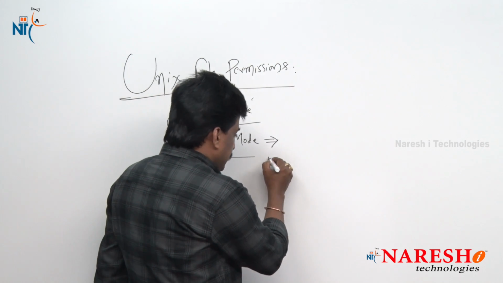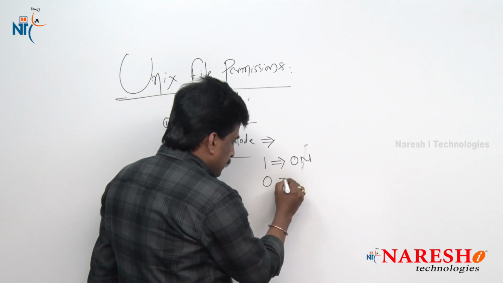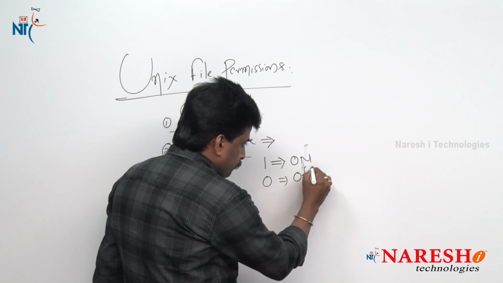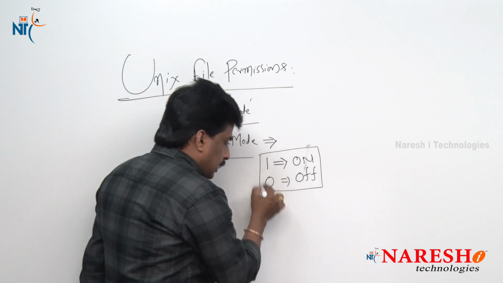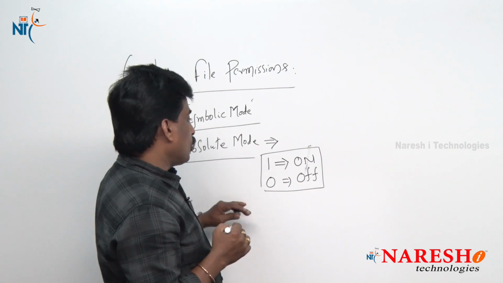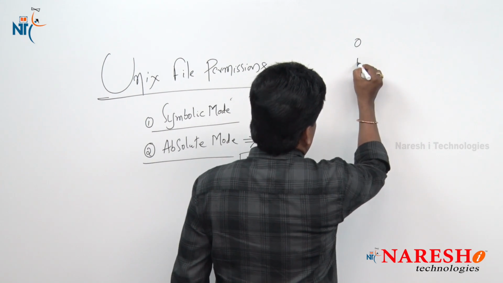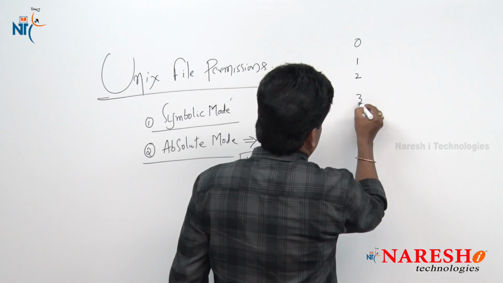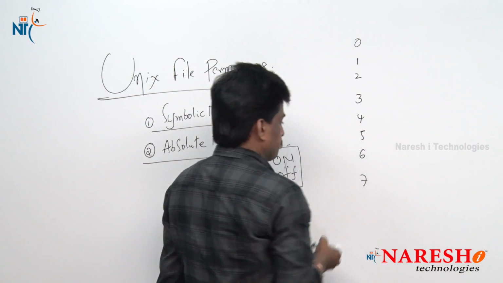Here 1 indicates permission on, 0 indicates permission off. Based on this principle, the octal number system works: 0, 1, 2, 3, 4, 5, 6, 7.